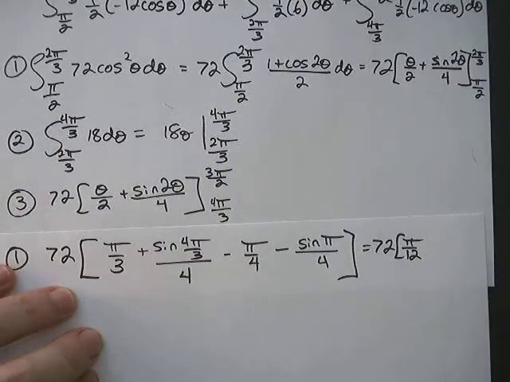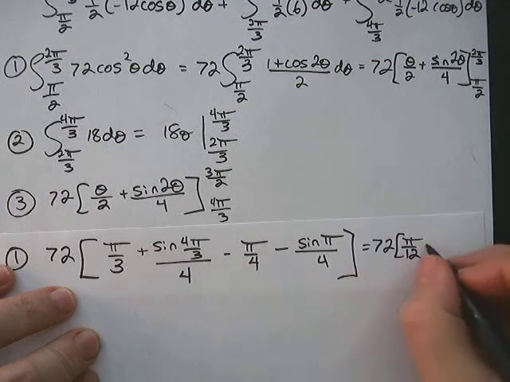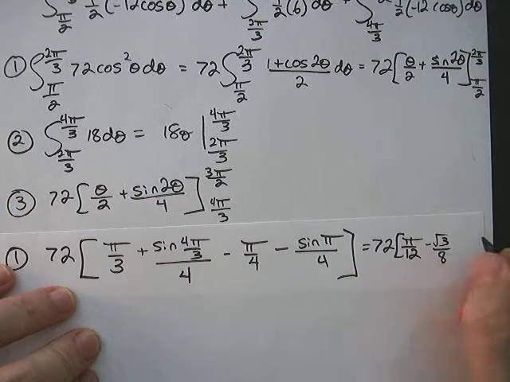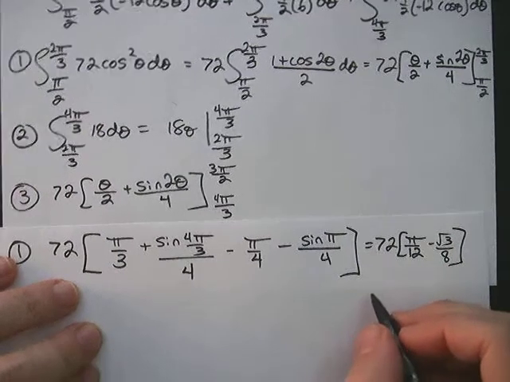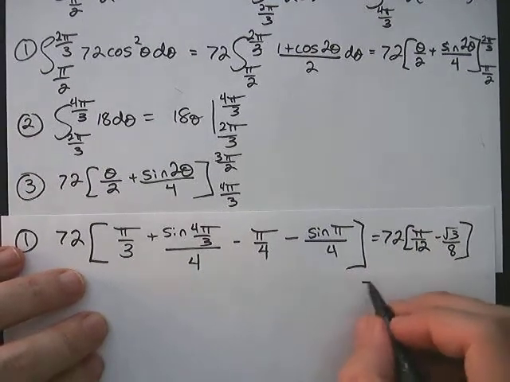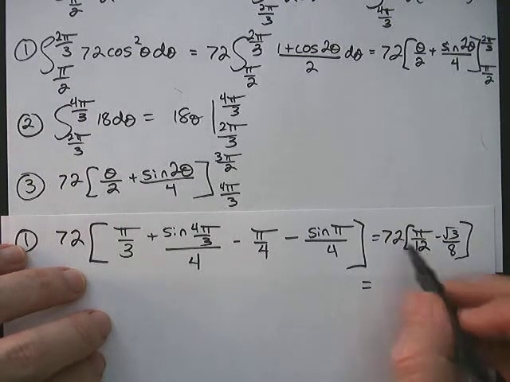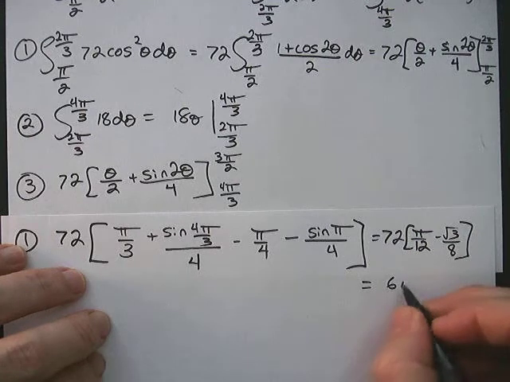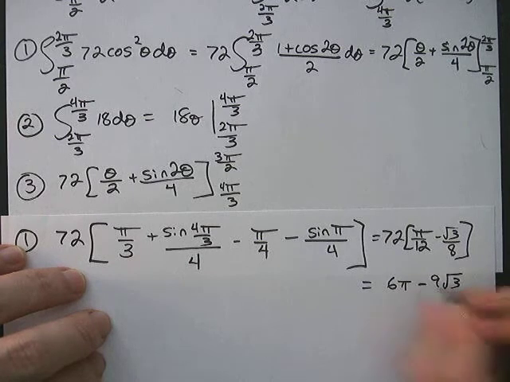So minus root 3 over 8. Okay, and then sine of pi is 0, so that one's going to go away. So that takes care of the first one. If you want to clean it up one step further, you can distribute the 72. That goes in 6 times with the 12, so that becomes 6 pi. And then this becomes minus 9 root 3. Okay, so there's the first one.